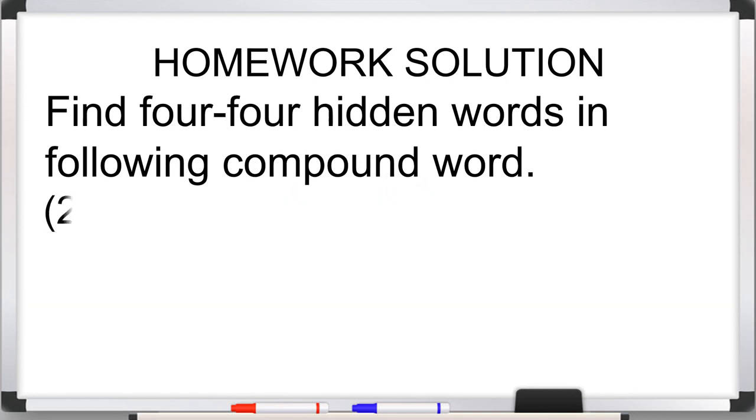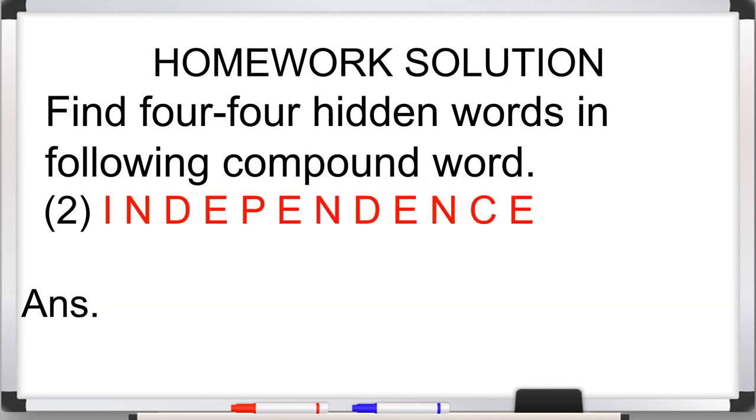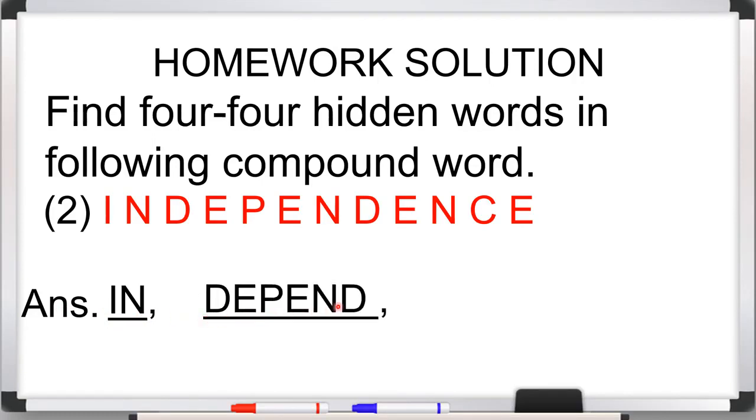Now question number 2. Independence is given. Okay, now we have to make hidden words. So let's start. First one is in मतलब में. Then depends, किसी पे depend रहना, ठीक है. Next one is den, जहाँ पे शेर रहता है बेटा, that is den.